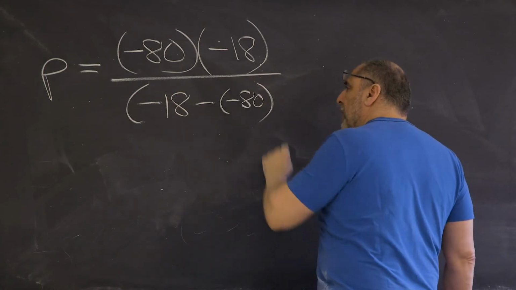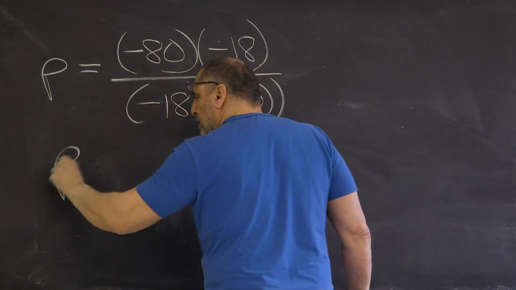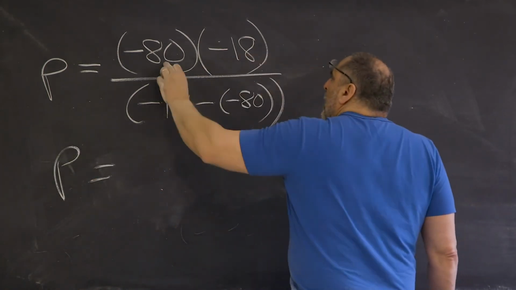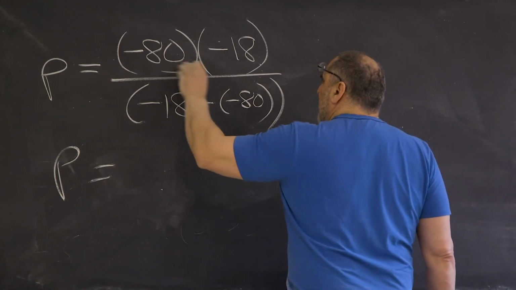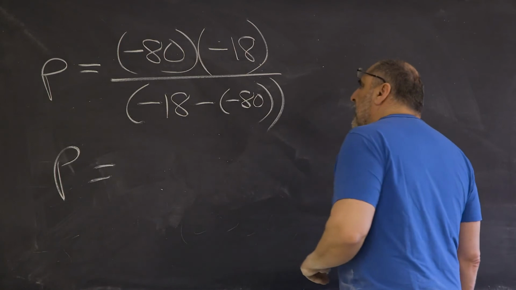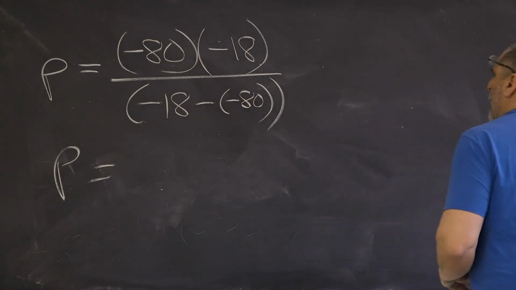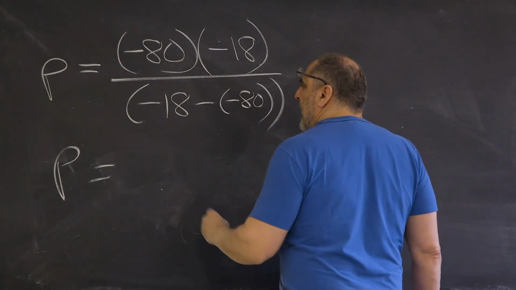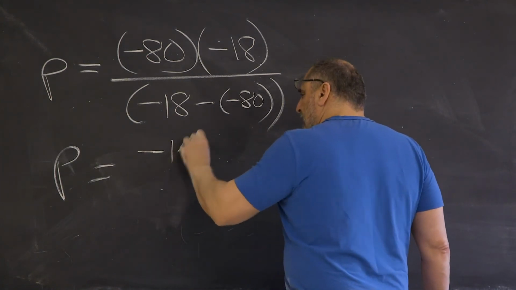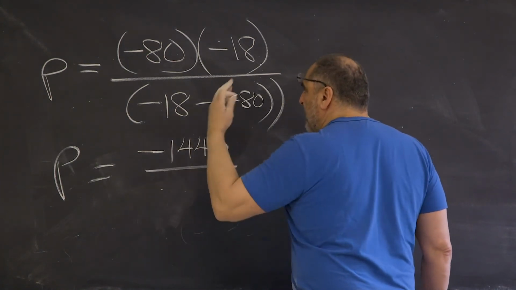Now be careful here. Really careful. Multiply these two. Negative times negative is going to be 1440, I think, when we do this.